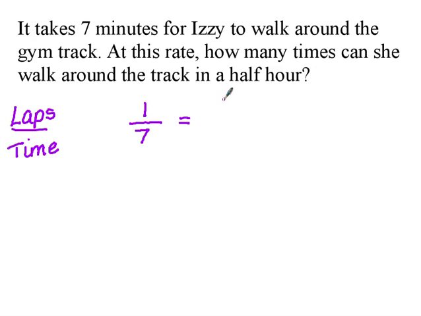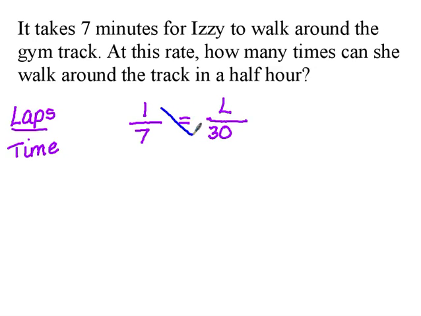So would you understand that I'm trying to find L, the number of laps? Okay, and in a half hour, now remember that first one was 7 minutes. So what am I going to put now for my denominator here? 30. So it's important that you understand that your labels need to be the same, and if not, you need to go ahead and change them so that they are.